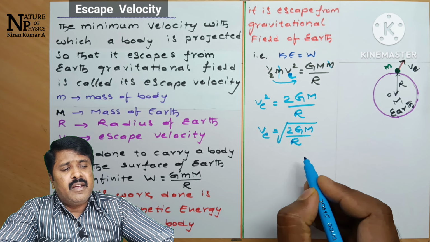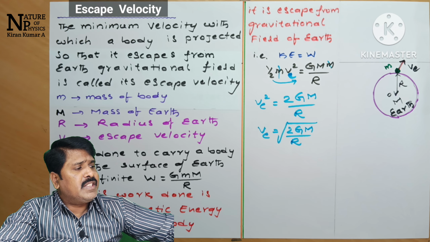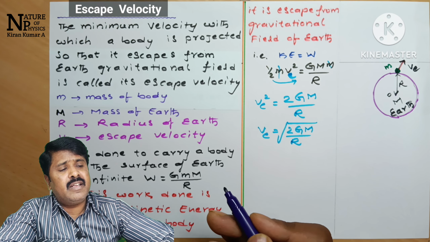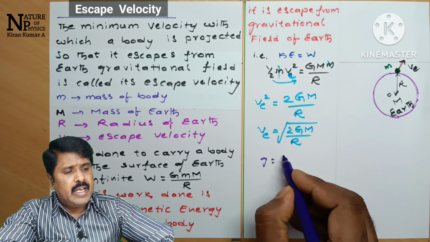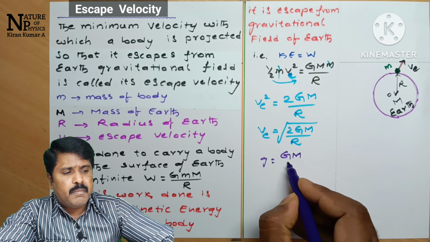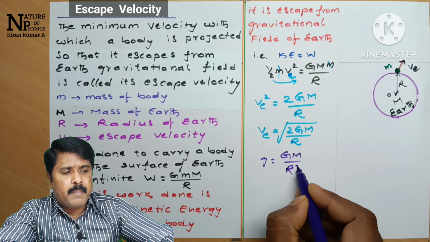Here we can also use the relation between small g and capital G: small g equals G M divided by R square.